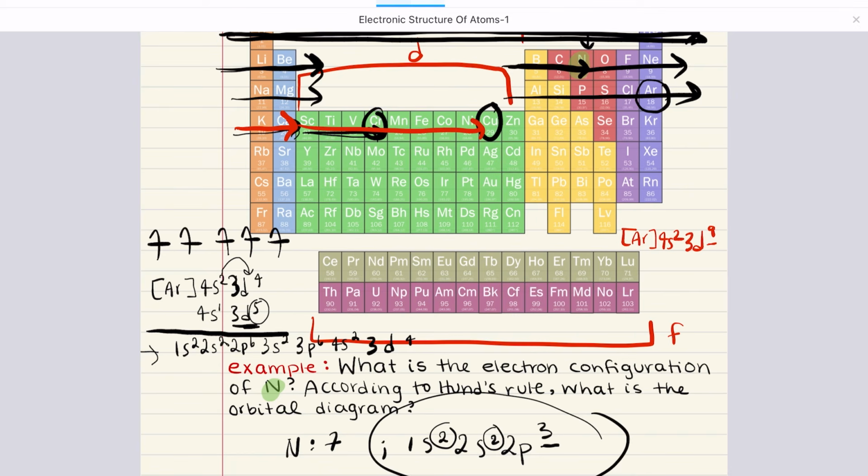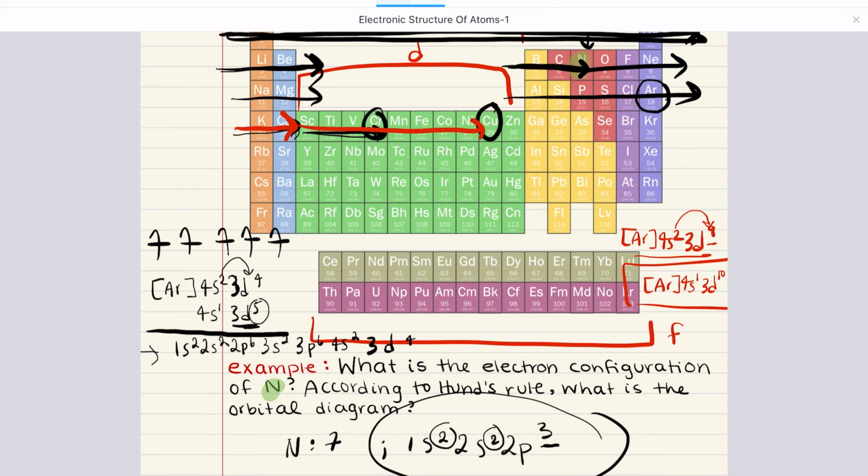And actually, this would not be the correct electron configuration. You would have one electron that moves over here to satisfy a full shell. So it's going to be 4s1, 3d10. All right, and that's because it's just more energetically favorable to have a full d shell than it would be to have a full s shell here. So these are the two exceptions to keep in mind.